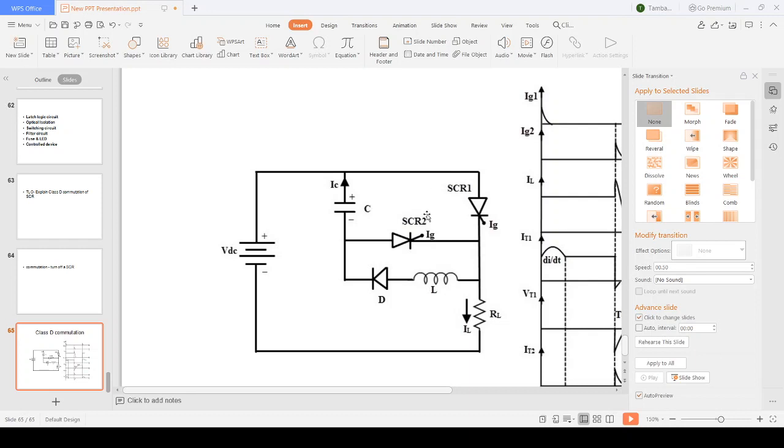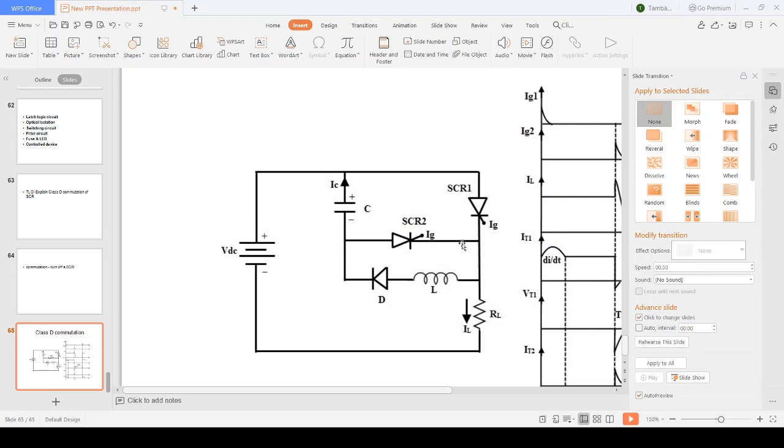SCR2 is called the auxiliary SCR, and SCR1 is called the main SCR. When SCR2 turns on, then SCR1 gets turned off. And auxiliary SCR, SCR2, is a low power device.